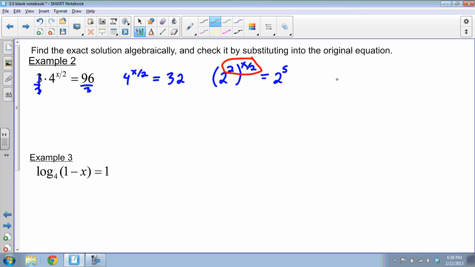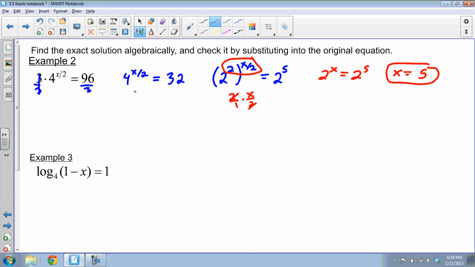So I'm going to say 2 times x over 2, that's what's happening in the exponent. Oh look, that's just x. So 2 to the x equals 2 to the 5th. By that same property that we used last time, we have 2 to some power equals 2 to some power, so those have to be equal. So x should equal 5.